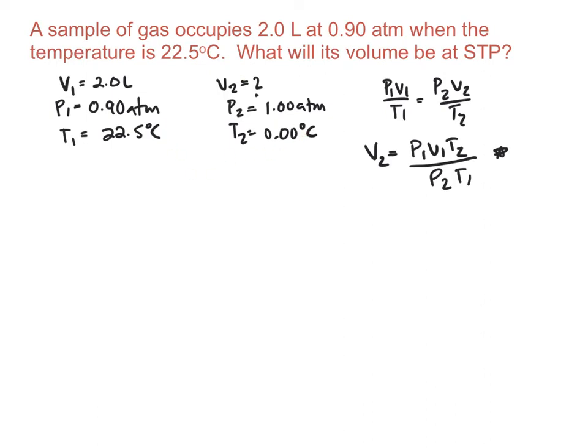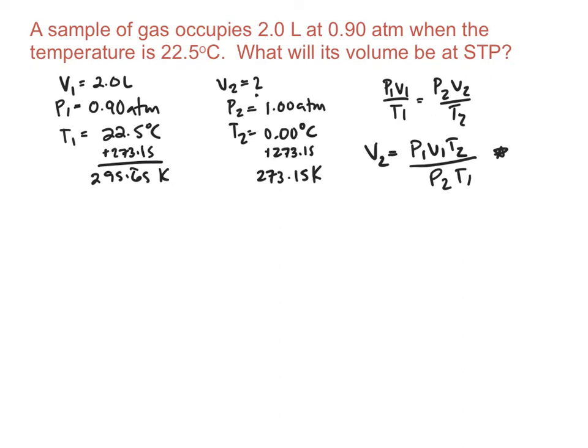So we need to make some conversions here. So we're going to go ahead and add 273.15 to each of our temperatures, and that's going to give us our temperatures in Kelvin. And then we can go ahead and plug in our values.